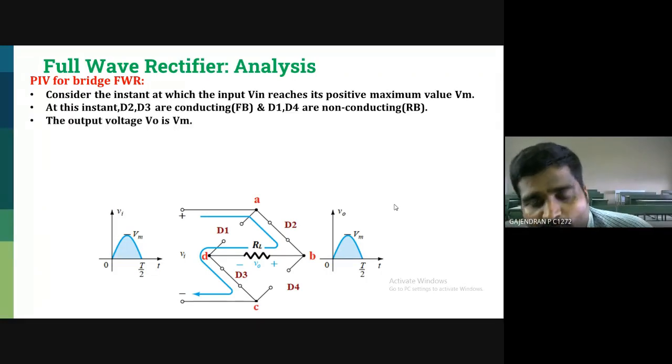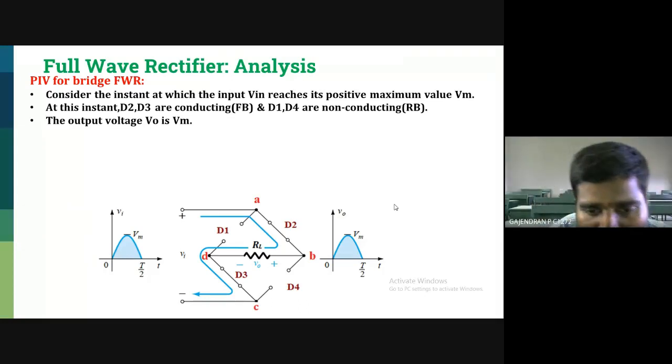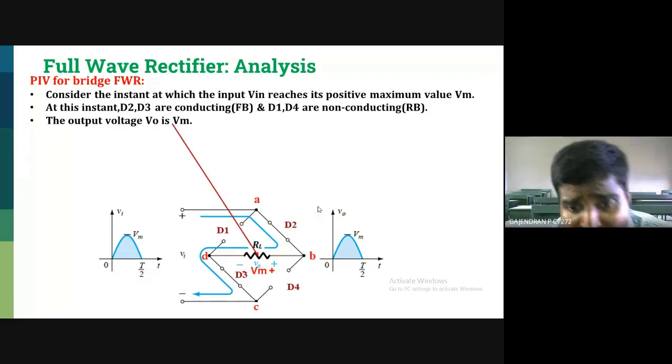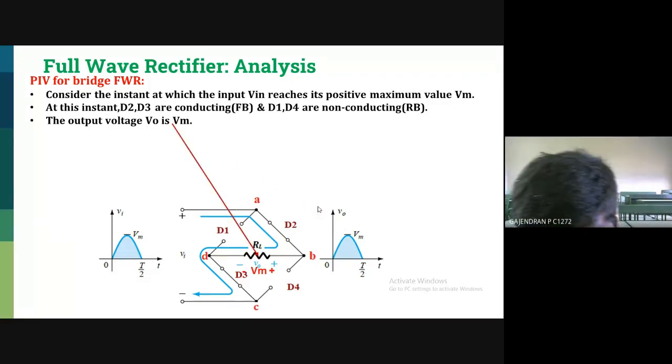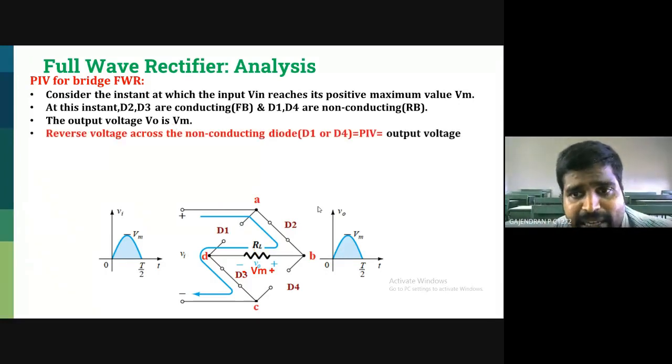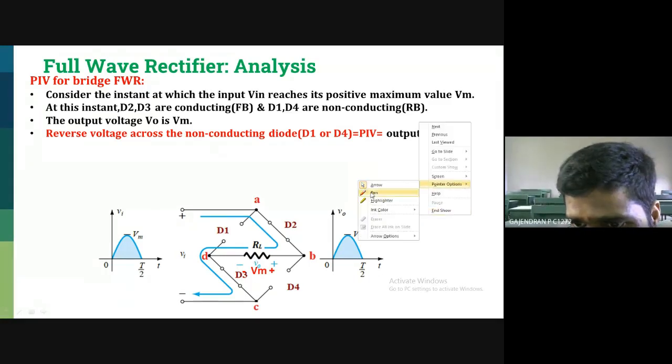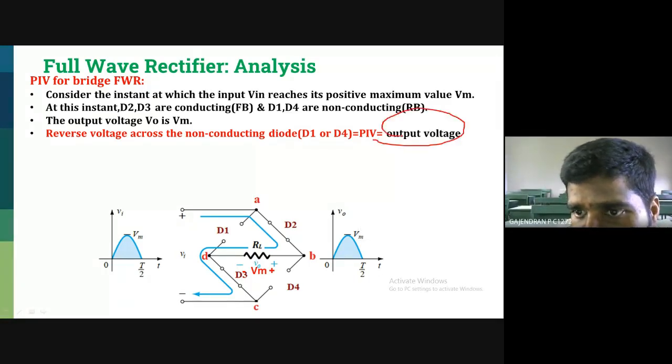Okay. Now output voltage is Vm. So both of these are across an open circuit. This is my output voltage, this is my load voltage. So during the reverse bias condition, my peak inverse voltage is very similar to my output voltage. Check it well.